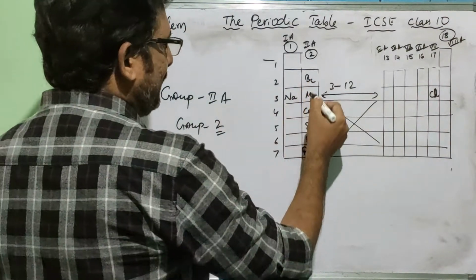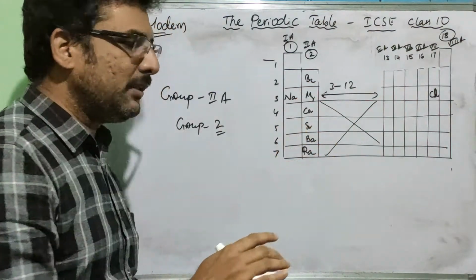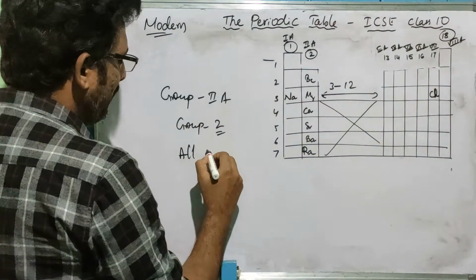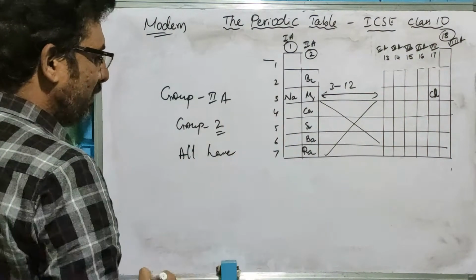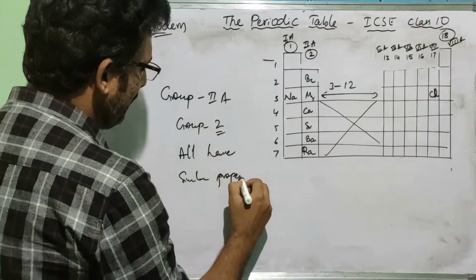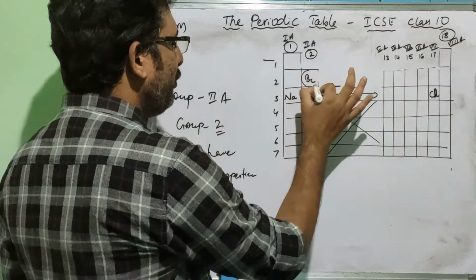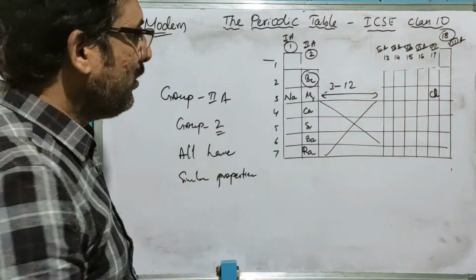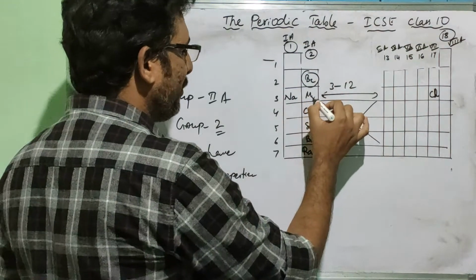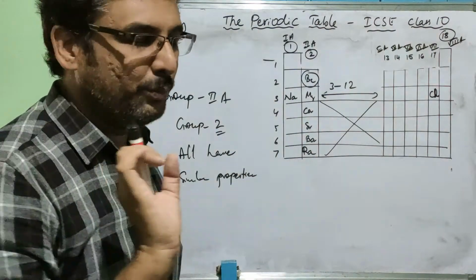If you compare the properties of these elements which belong to the same group, all elements will have similar properties. Similar properties means if you study the properties of beryllium, you have studied the properties of the remaining elements of that particular group.